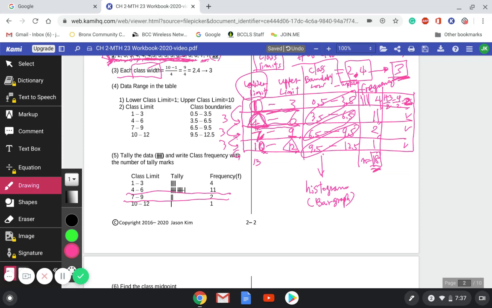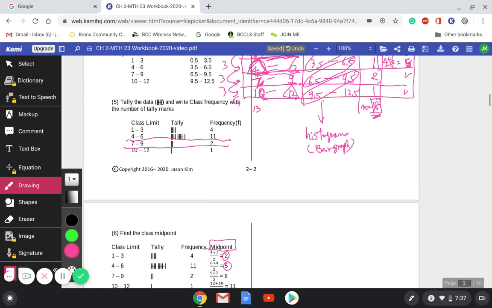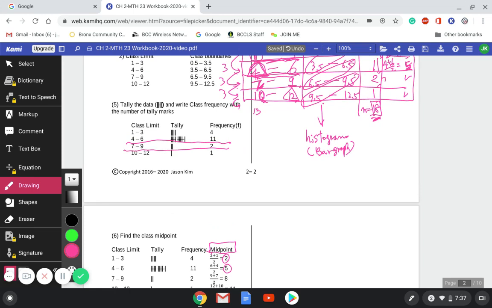Second one is the lower limit 4 plus upper limit 6 divided by 2. So it's 5. 10 divided by 2 is 5. So first one is 2, second one is 5. Third one is 7 plus 9 divided by 2, 16 divided by 2, so you end up with 8.